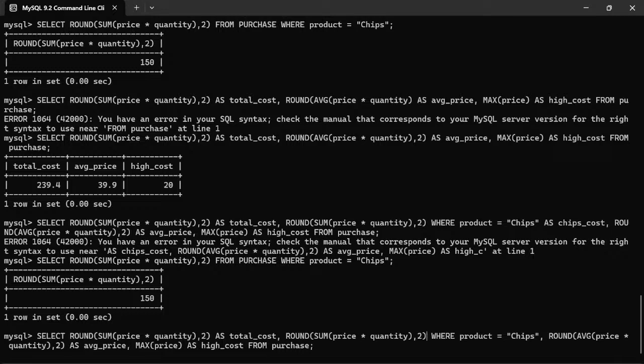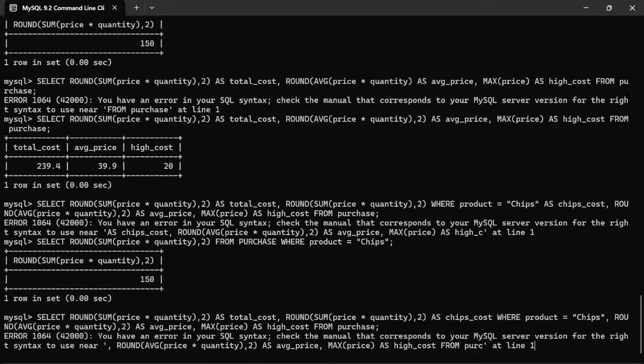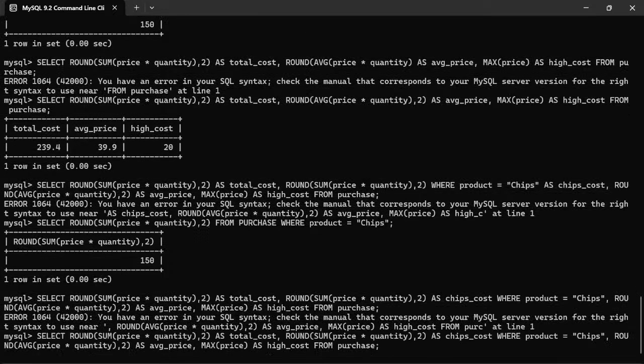I have to check this because as chips cost. It's not working. It's not working.